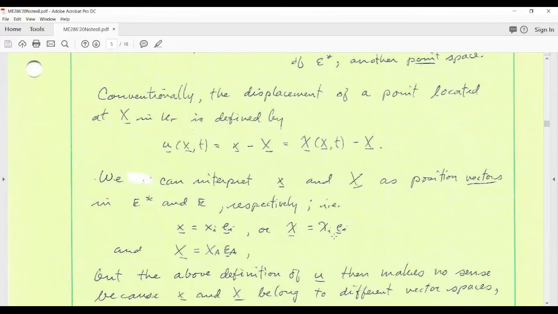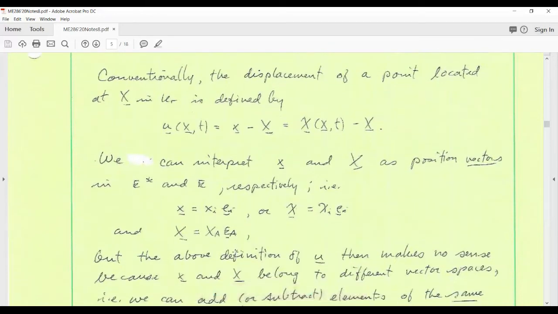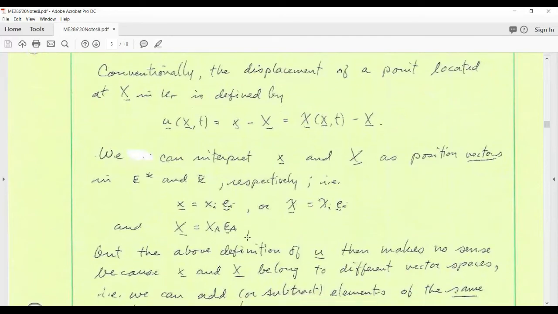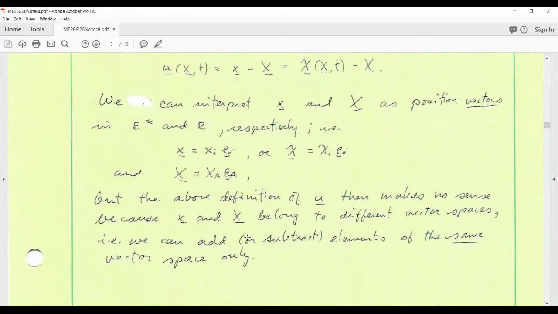We have these Cartesian components, chi sub i, e_i. However, when we write x in this way as a position vector in E, which is the translation space of calligraphic E, the point space, we see that subtracting these two means we're subtracting elements of different vector spaces. It's not an allowed operation. It makes no sense mathematically.